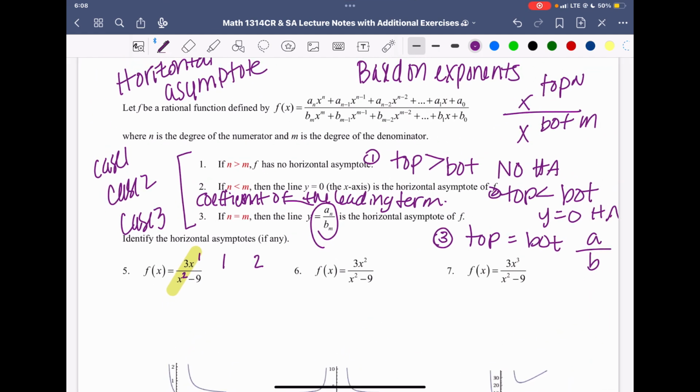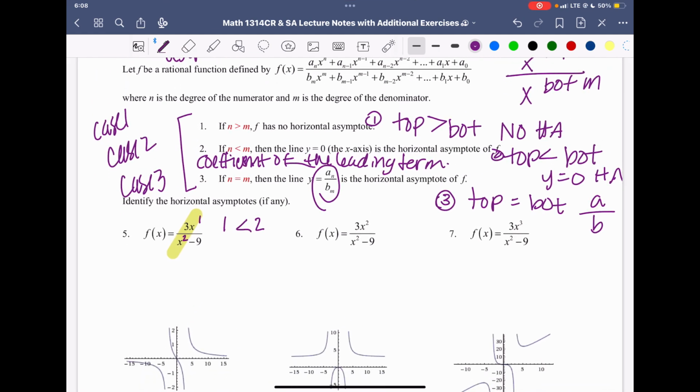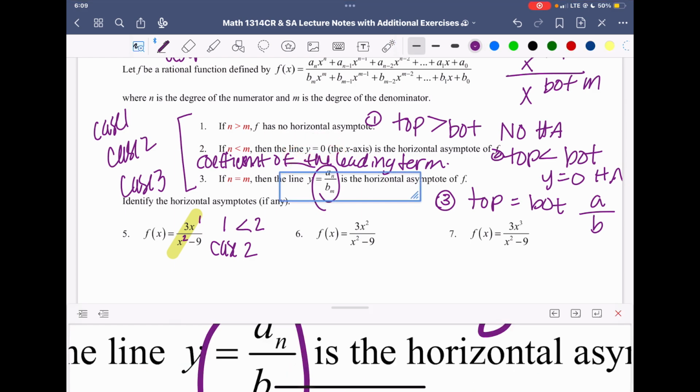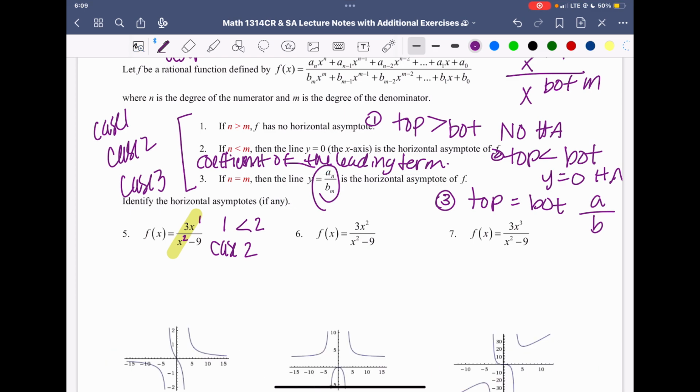Which case is that? 1 is less than 2. So that's going to be a case 2. So this is a case 2. And case 2 says y equals 0. So your horizontal asymptote is going to be y equals 0.